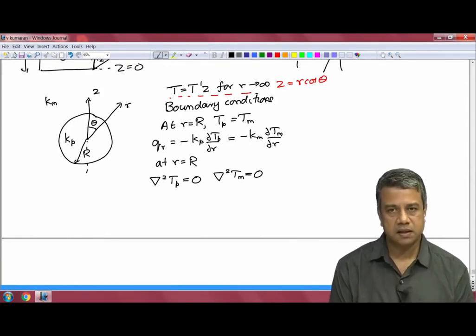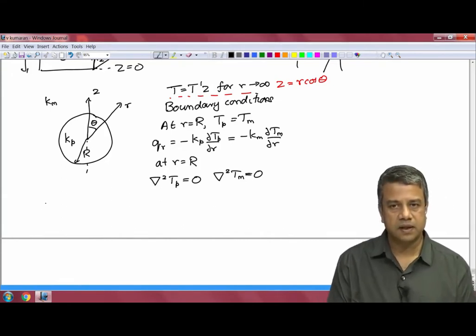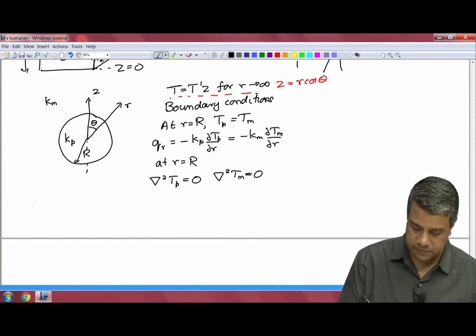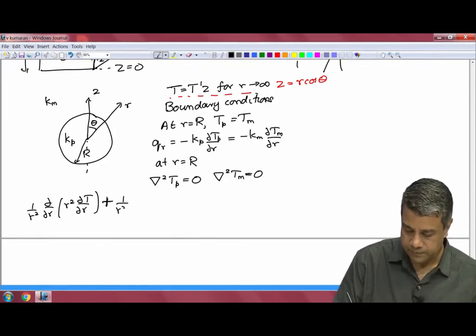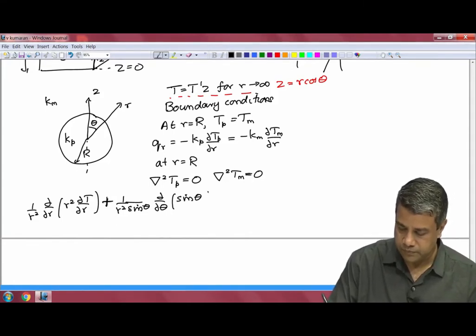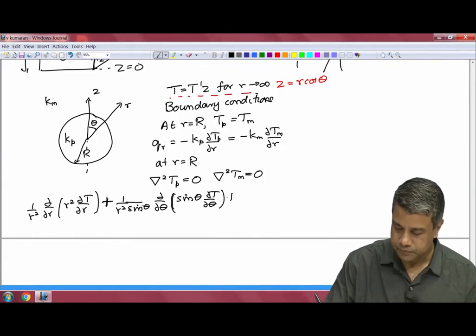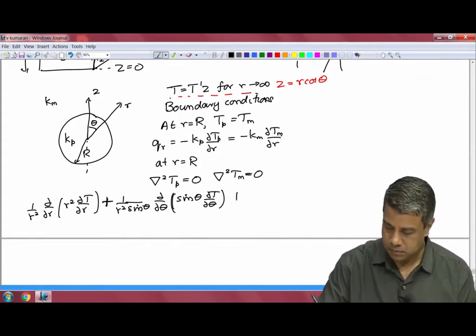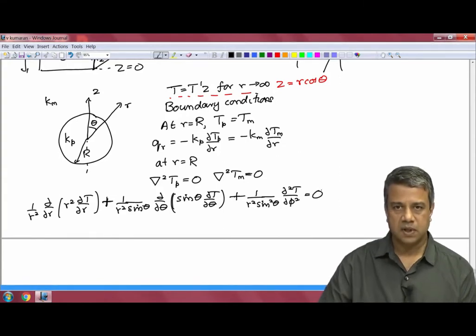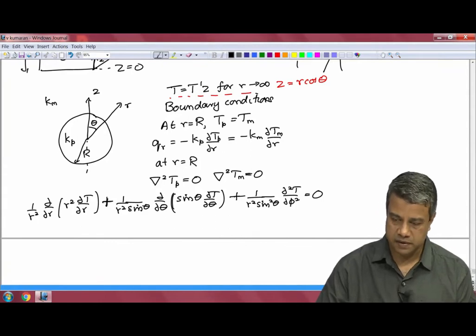So, if I write this heat conduction equation in a spherical coordinate system, you recall we had derived this, the Laplace equation in a spherical coordinate system, 1 by r square d by dr of r square partial T by partial r plus ... that was the Laplace equation in r theta phi spherical coordinate system.